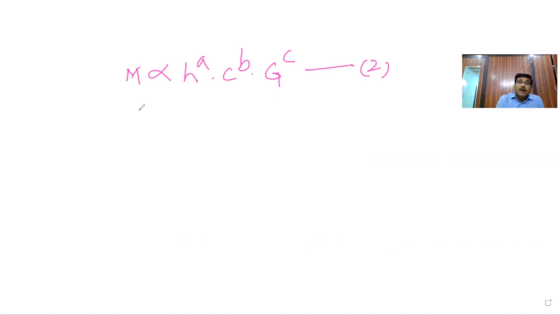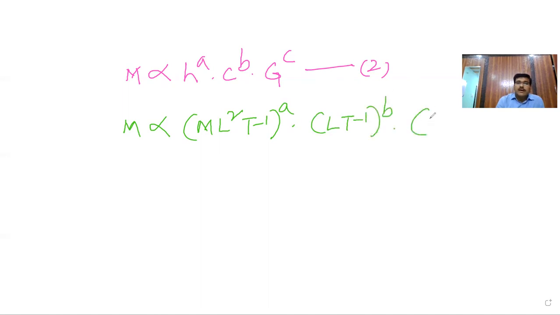Observe, substitute the dimension formula. M is directly proportional to Planck's constant, M L square T minus 1 whole to the power of A, into speed of light, L T minus 1 whole to the power of B, gravitational constant, M minus 1 L cube T minus 2 whole to the power of C.